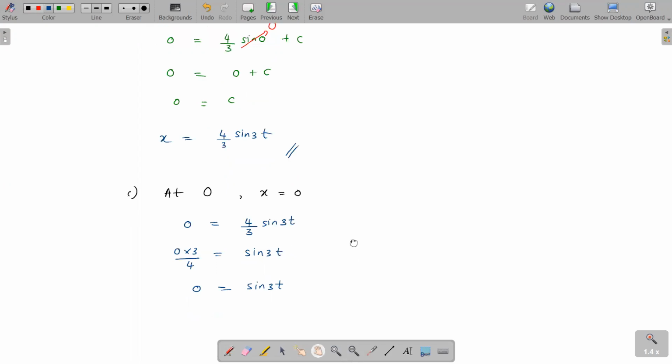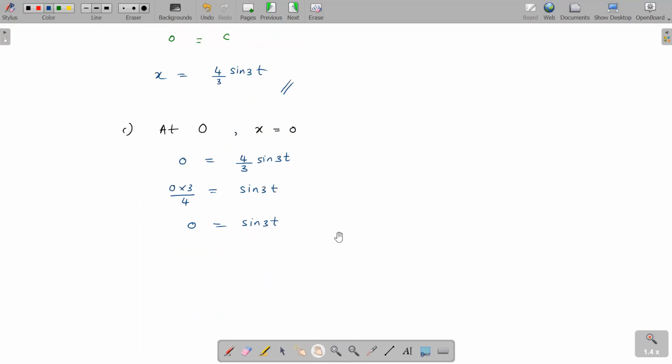Can I know what are the angles that make sine 0? If you remember the sine graph, sine 0 is 0, sine pi is 0, and sine 2 pi is 0. So these are the values for 3t. 3t is the angle here. So your angle 3t can be 0, or pi, or 2 pi. You have many angles here.